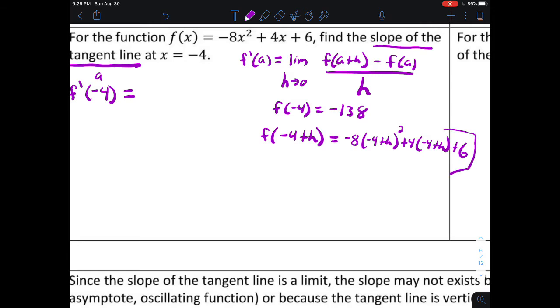So I got to put that into my problem. And then I got to simplify this because it's going to make life a little easier when we go to do our limit.